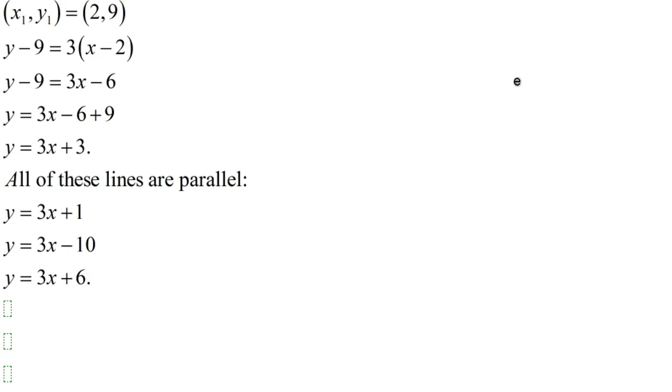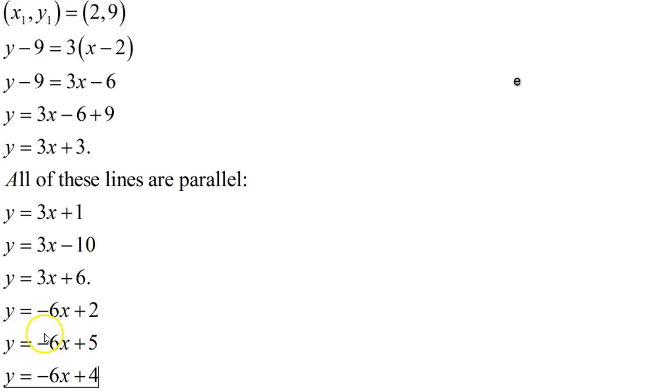So if we have another line, for example, y equals negative 6x plus 2, then it's not parallel to this one, because here the slope is negative 6, while here it is 3. But we also know what a parallel line will look like, because it's going to be something like this. Y equals negative 6x plus 5, y equals negative 6x plus 4.